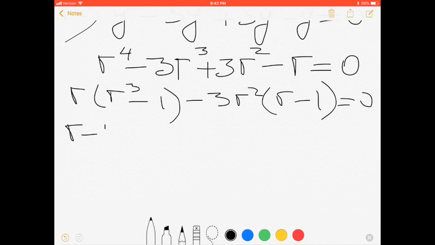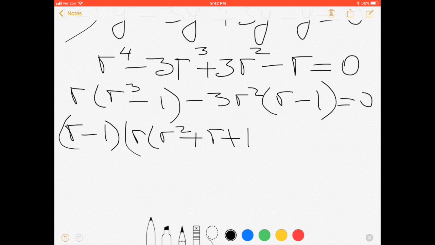Now we have r times (r squared plus r plus 1) minus 3r, sometimes this happens, sorry, equals 0.